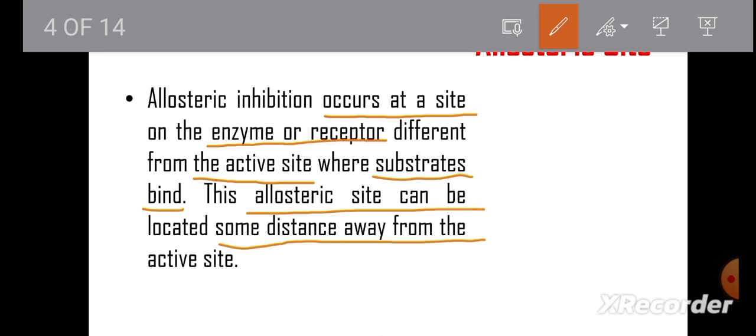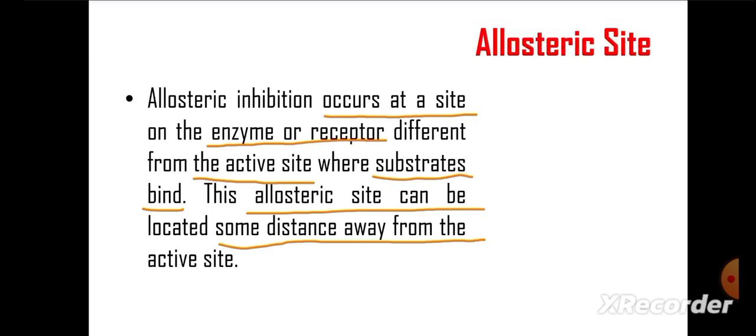From this presentation, it is very clear that there are two distinct sites in an enzyme: one is the active site, another is the allosteric site, and there is a definite distance between them. Remember.